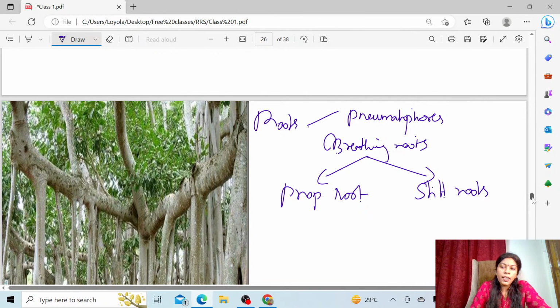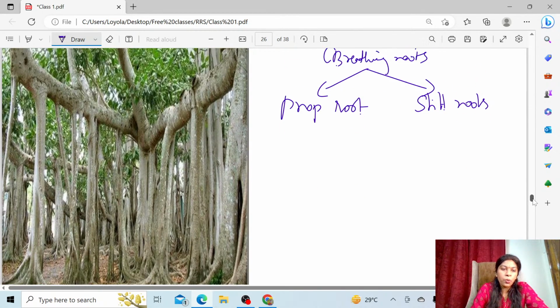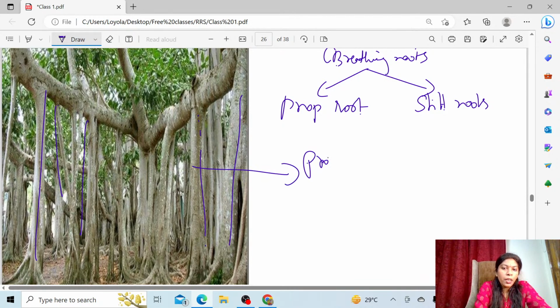See this. Every plant has a main trunk, and below the main trunk there will be a root. But you can see this big structure. It's not a stem, it's a root. It is coming out from the branches of the trees. This is called prop root. In this case there is no water shown, but mostly these plants will be living in watery areas only.